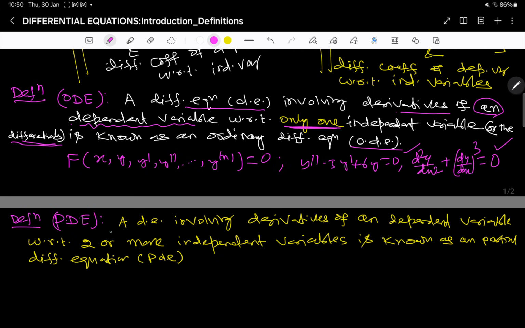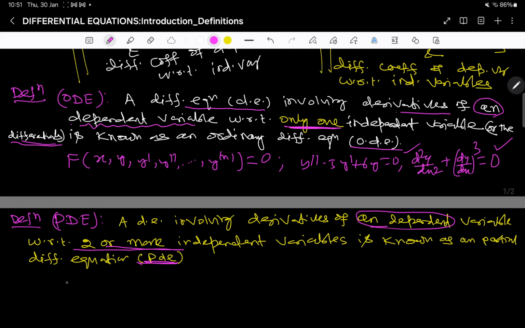Likewise, in a partial differential equation, the dependent variable is one, with two or more independent variables. A differential equation involving derivatives of a dependent variable with respect to two or more independent variables is known as a partial differential equation.